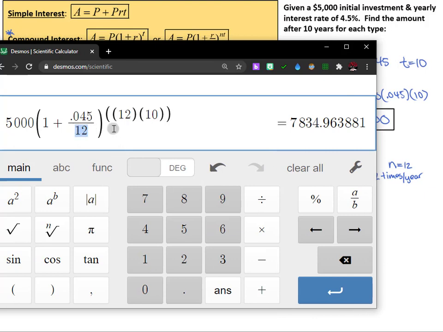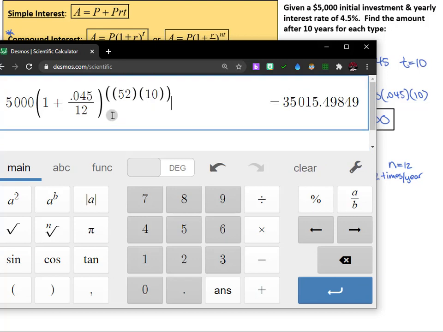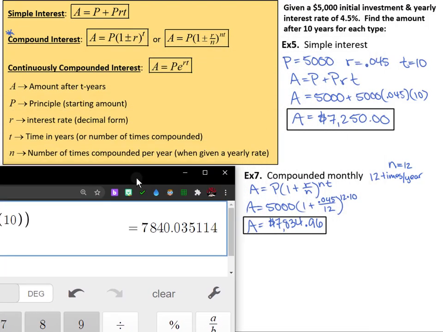What if instead of 12 times a year, monthly, what if it was done weekly? Well, that would be roughly 52 times a year. So what if I change that exponent to 52? And it looks like it's going to be a lot more money, but don't forget we end up dividing our interest rate also by 52. So let's see, did it go up if we compare? We did, but we're talking about under $6. But it did go up.